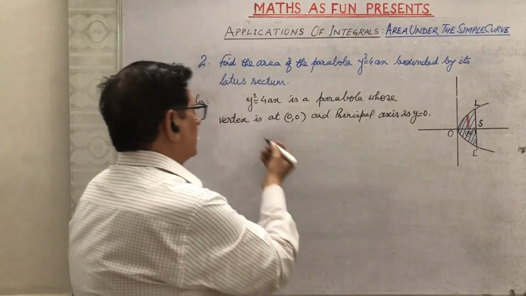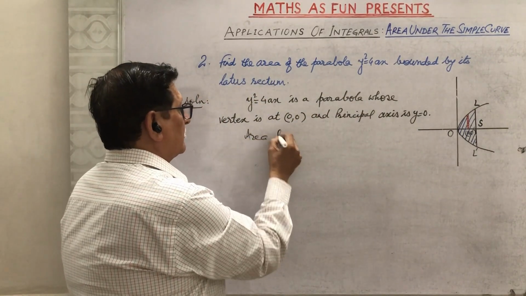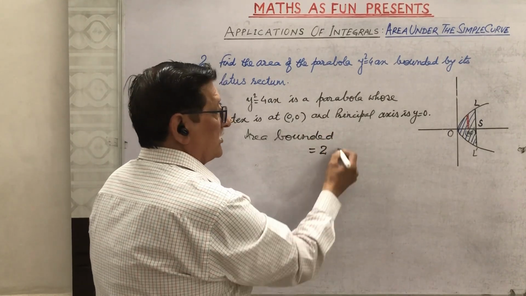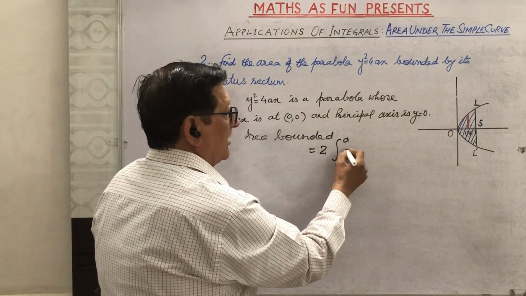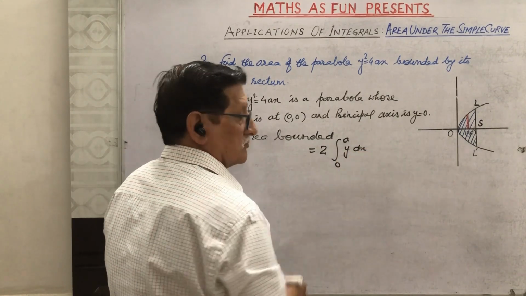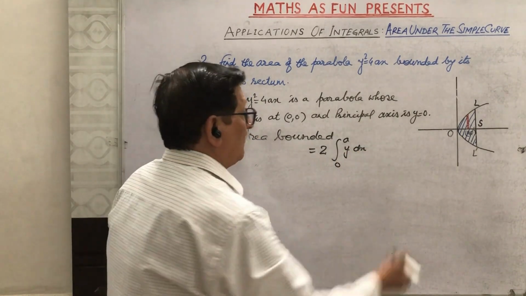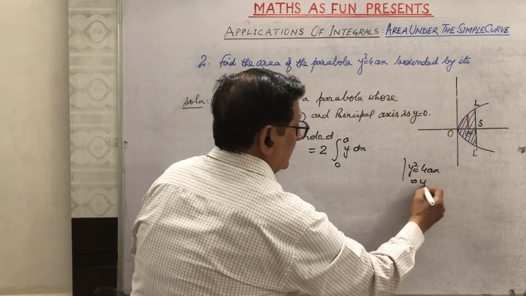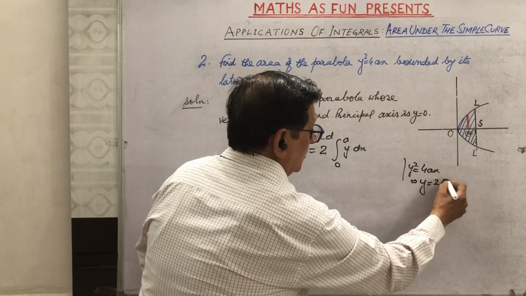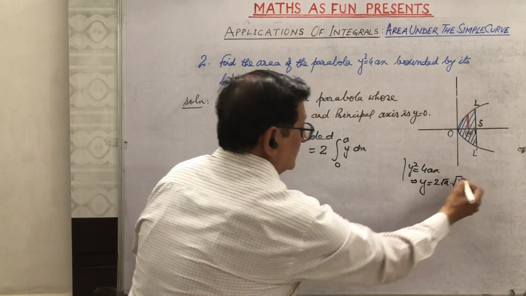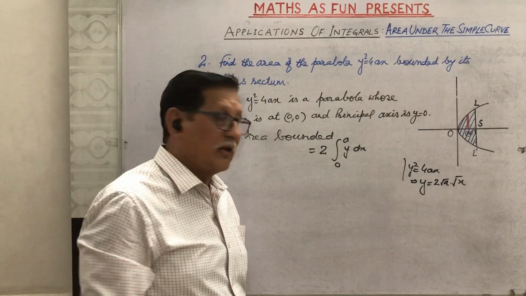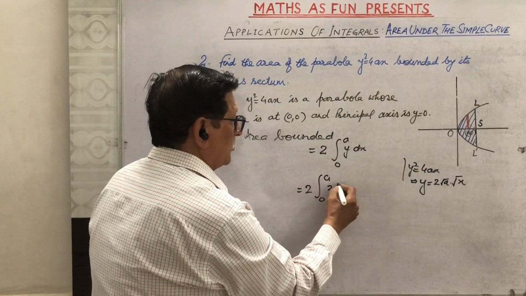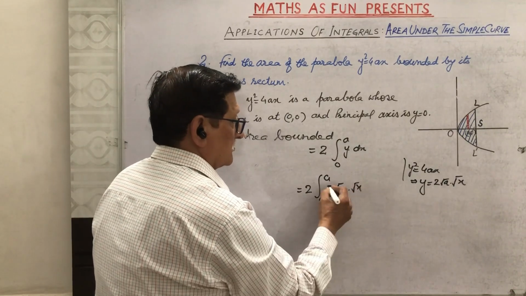So we can write that the area bounded is equal to twice the integral from 0 to a of y dx. y square is equal to 4ax, which means y will be equal to 2 root a into root x. And we apply here twice the integral from 0 to a of 2 root a into root x dx.